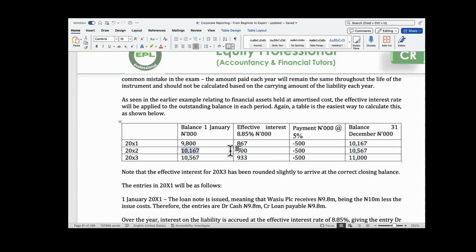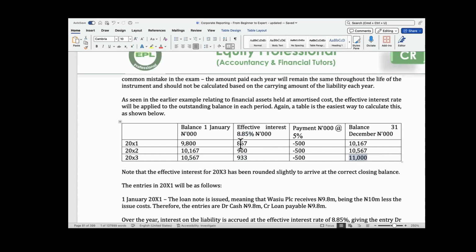That is this plus 900 minus 500. So this, we carry it forward again. We apply this 8.85% on the outstanding balance, brings it to 933. We pay 5% of 10 million. Brings our balance to that 11 million.